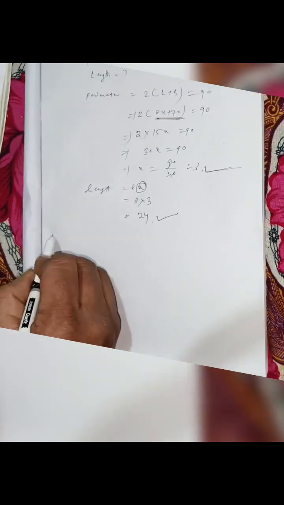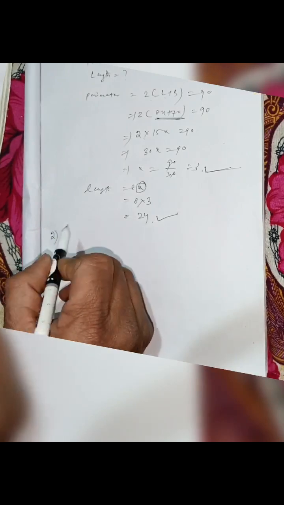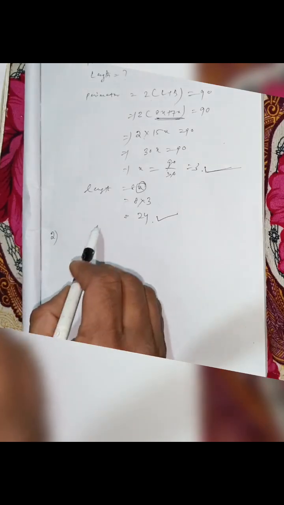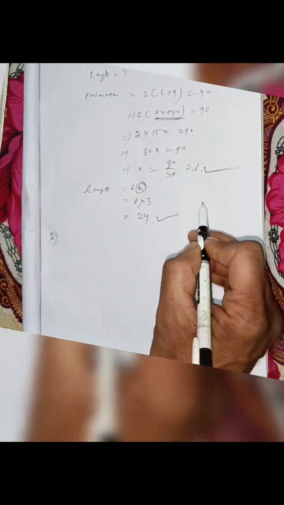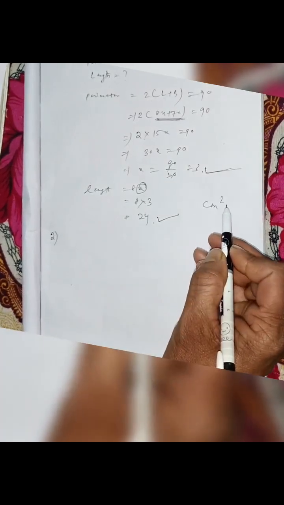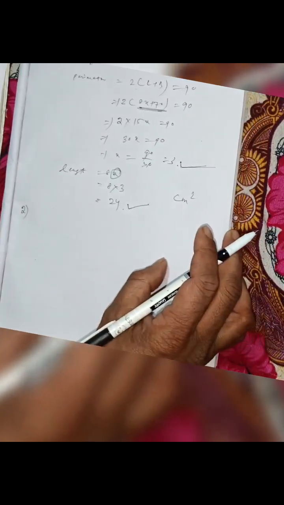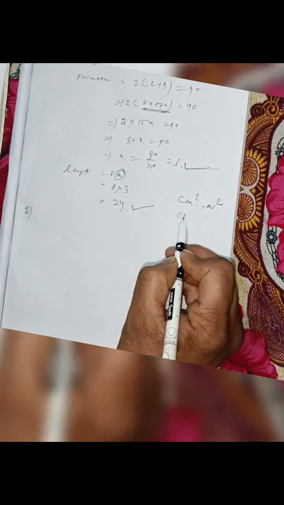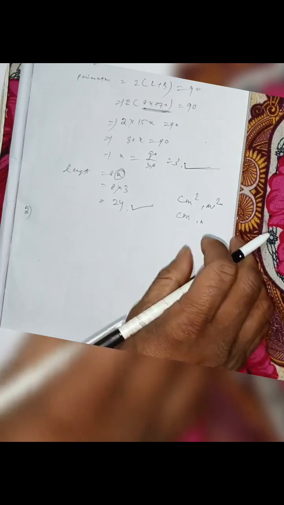Next, another question: the area of a rectangle is 350 centimeter square. The unit of area should be centimeter square or meter square, and the unit of perimeter should be centimeter or meter.